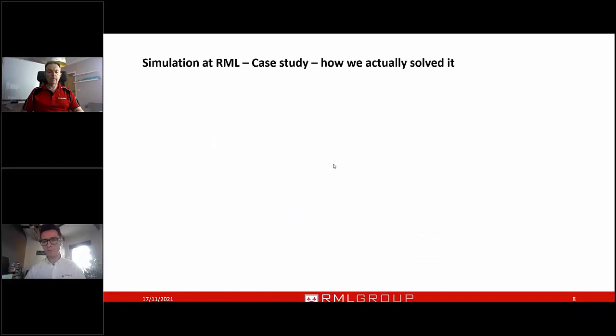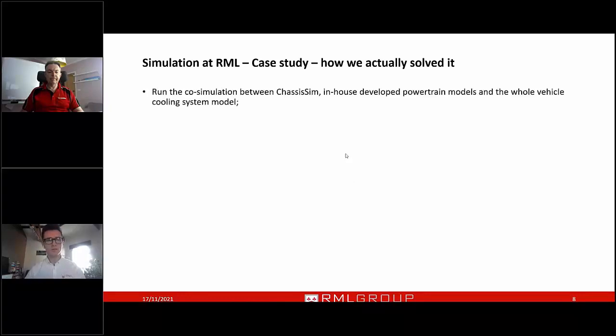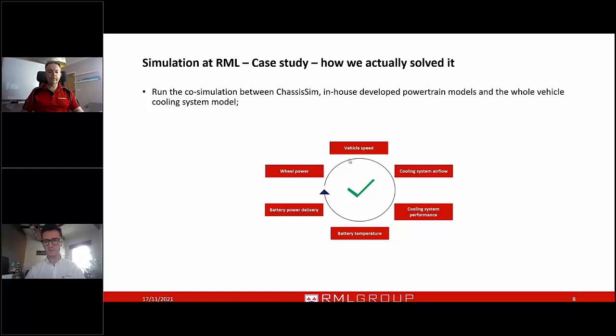So that key ingredient is lacking where you have that causal chain. Now, how we actually solve it, since we have the luxury of the co-simulation between ChassisSim and our models, is we've just run the model, and that was pretty much it. So you have the full causal chain where all of the different effects follow each other.